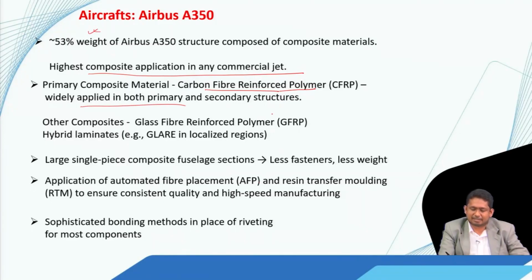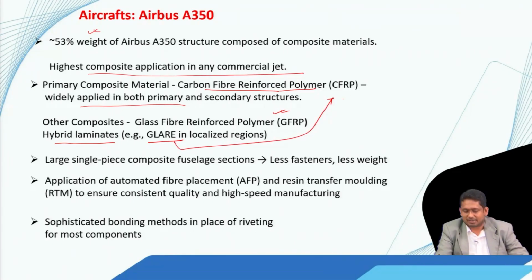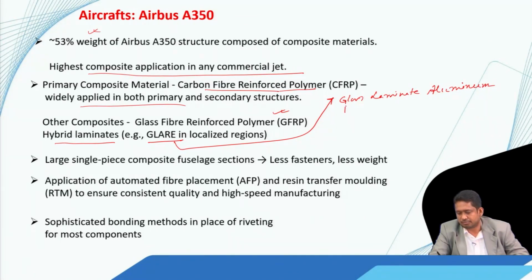In some parts there is GFRP, and hybrid laminates like GLARE are used in some localized regions. We are getting a new term, GLARE, which is glass laminate aluminum reinforced epoxy.